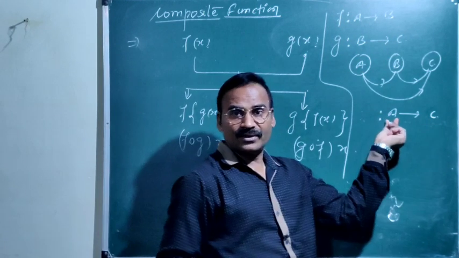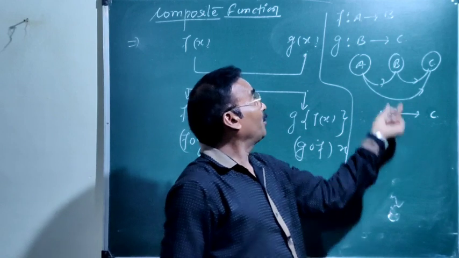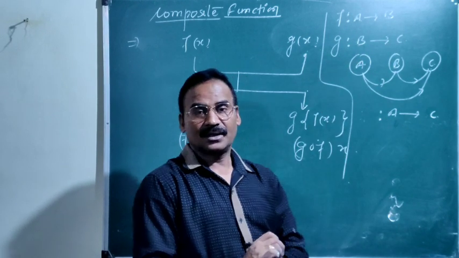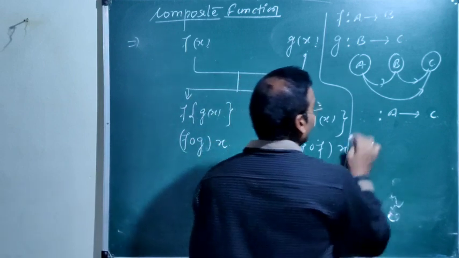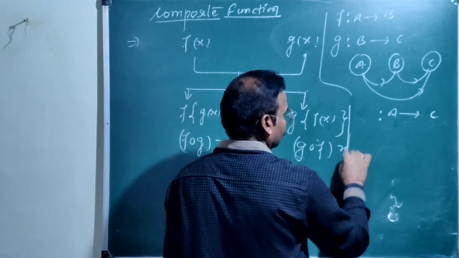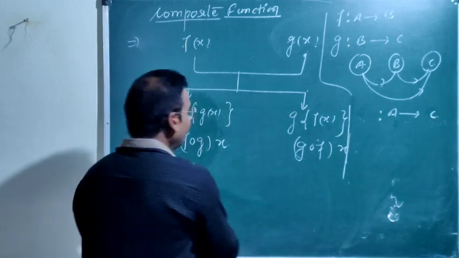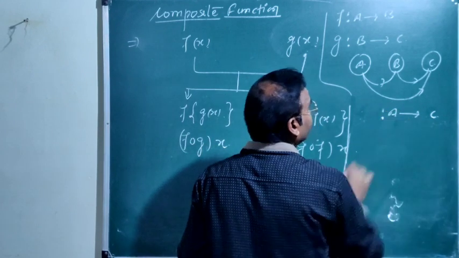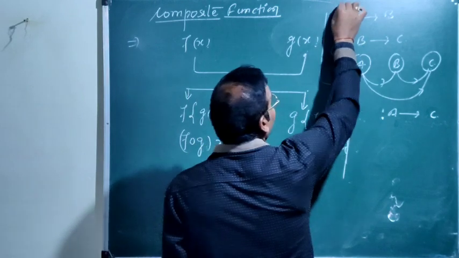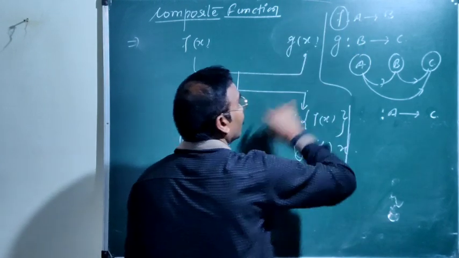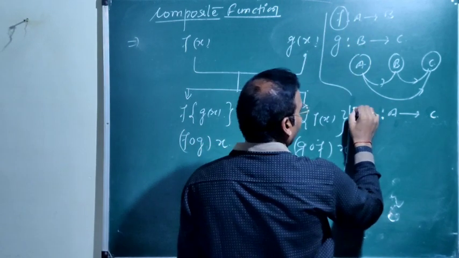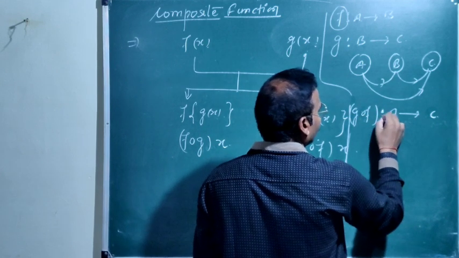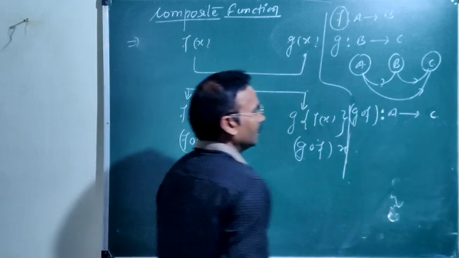A is the domain of f and b is the domain of g. Okay, so what should be here, either fog or gof? If a is the domain of the set, the function must exist here: g of f from a to c.